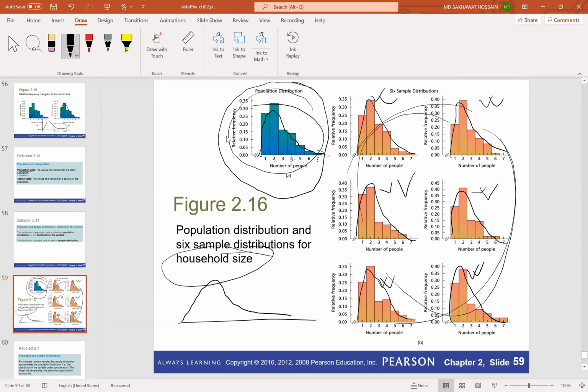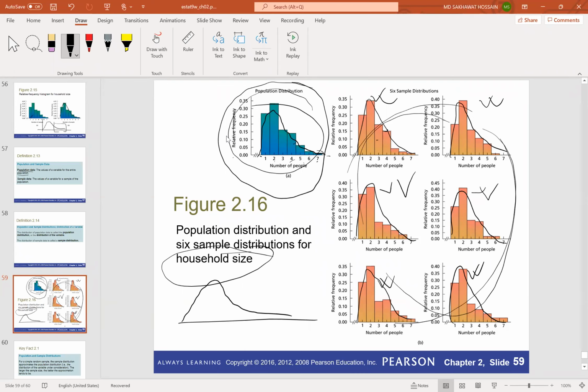But it will not always happen. In this case, all the samples are representative of our data. But it's not always true that a collected sample will represent the original population. It might not represent our population correctly.